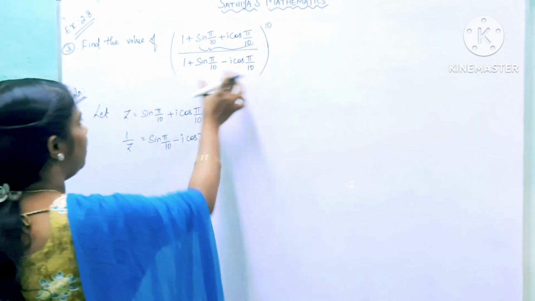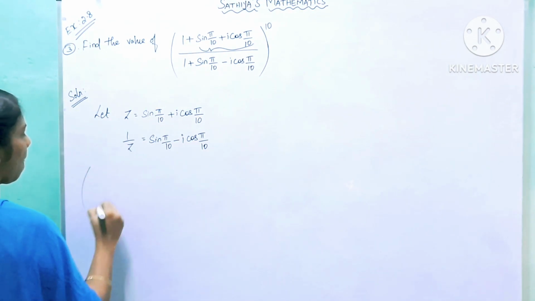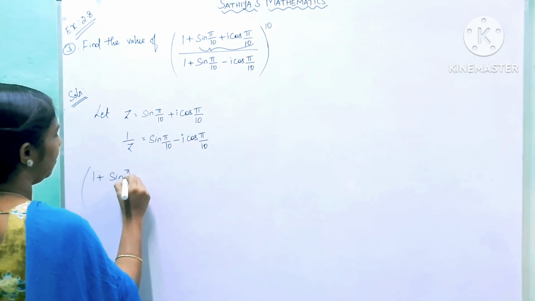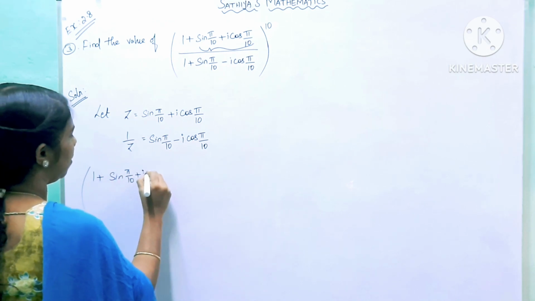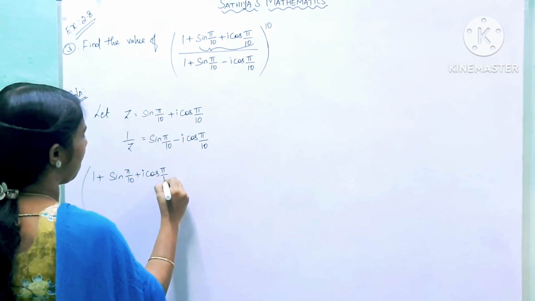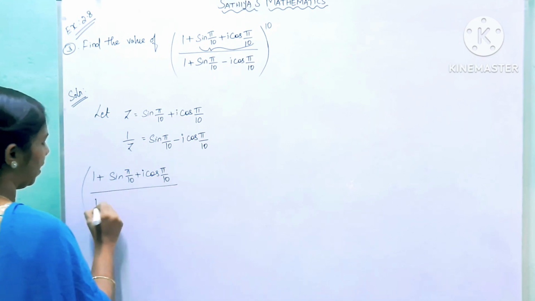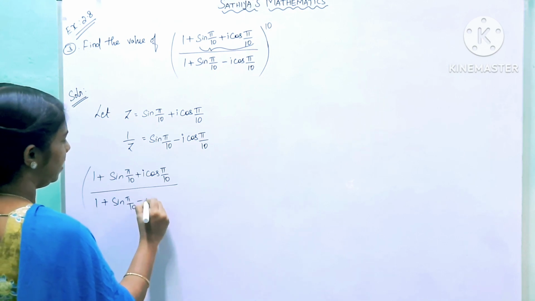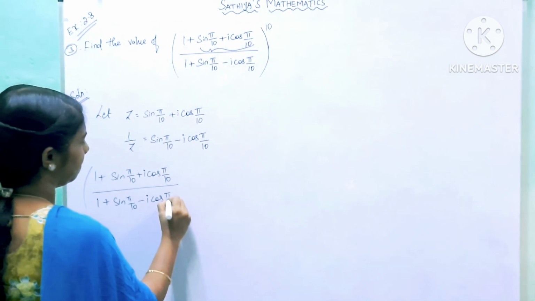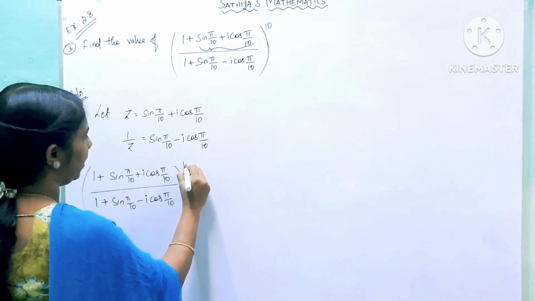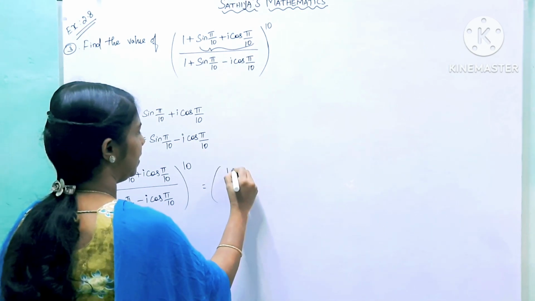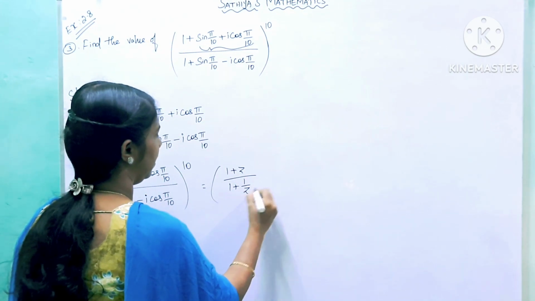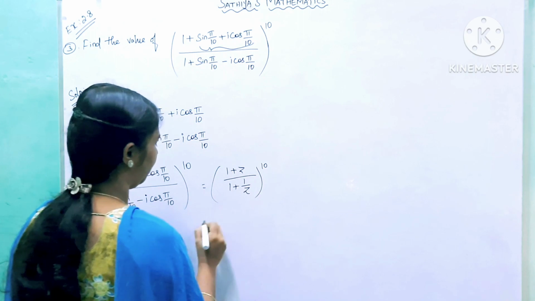So the given term now changes to (1 plus sin pi by 10 plus i cos pi by 10) divided by (1 plus sin pi by 10 minus i cos pi by 10), the whole power 10, which becomes (1 plus z) divided by (1 plus 1 by z), the whole power 10.